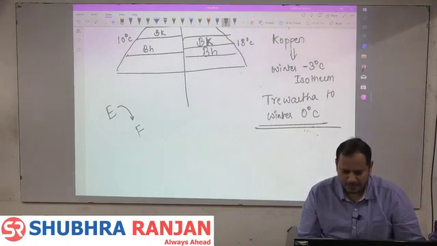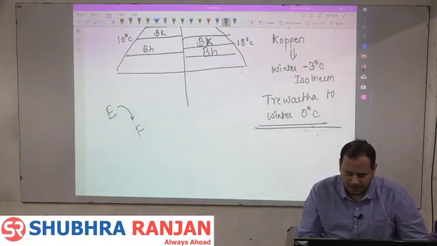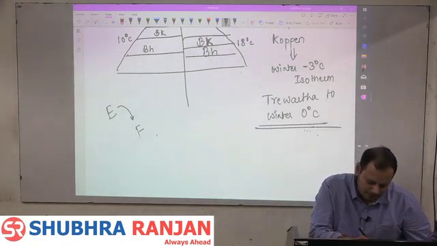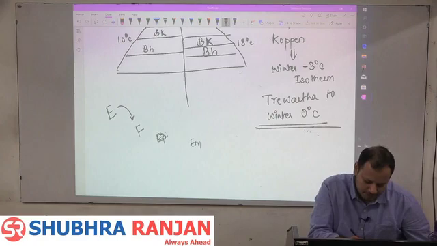Next, Köppen's classification is purely empirical.